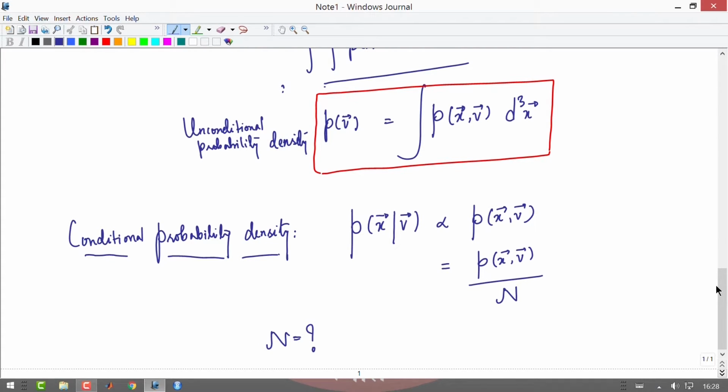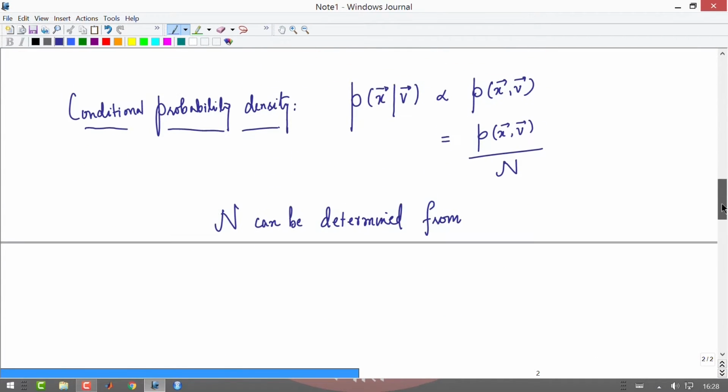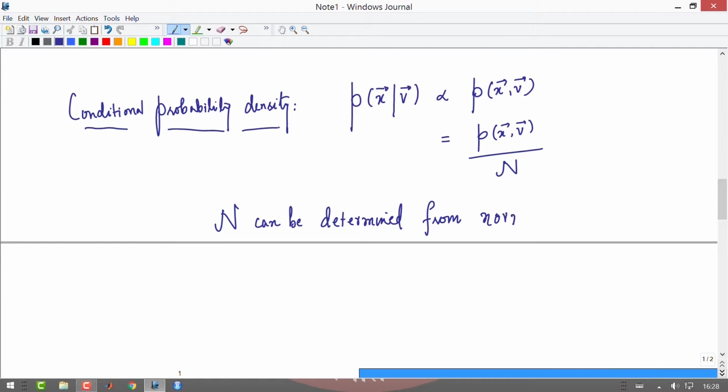So you integrate on both sides with respect to positions, and you can write down the definition for the norm from normalizing the conditional probability density.